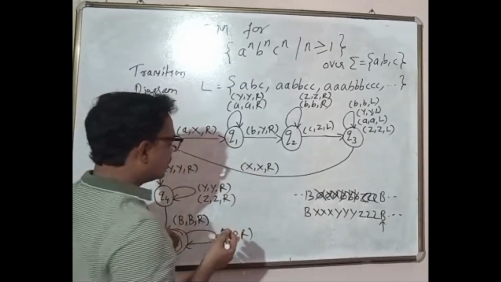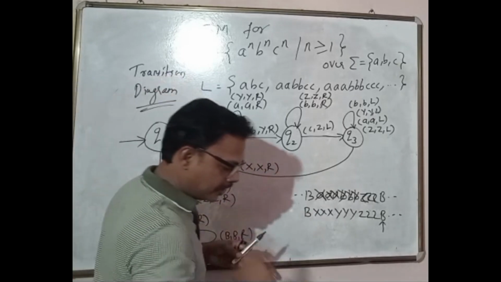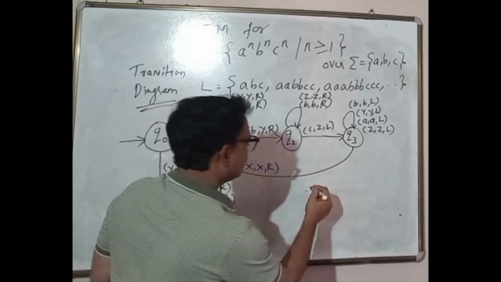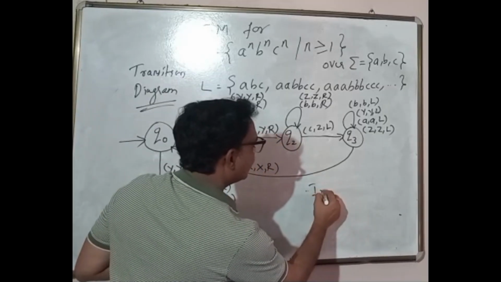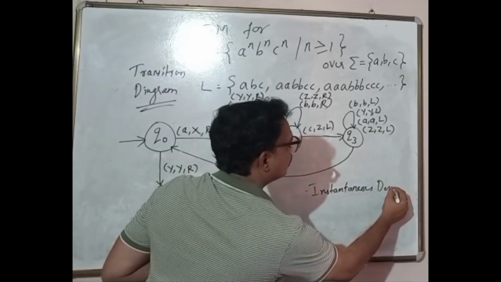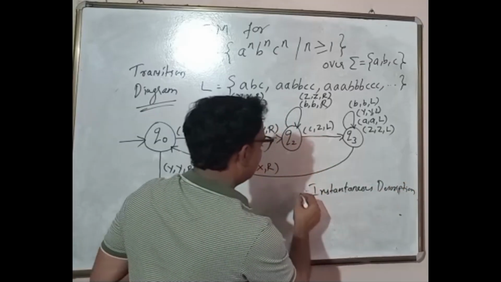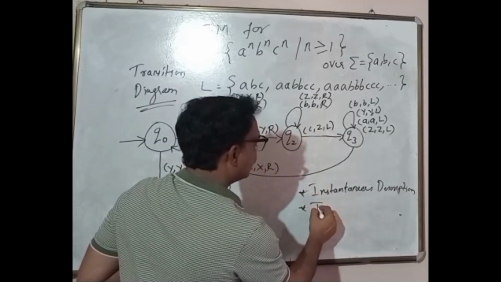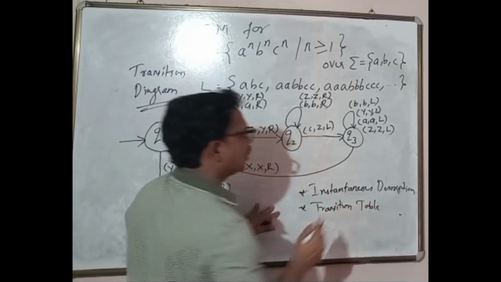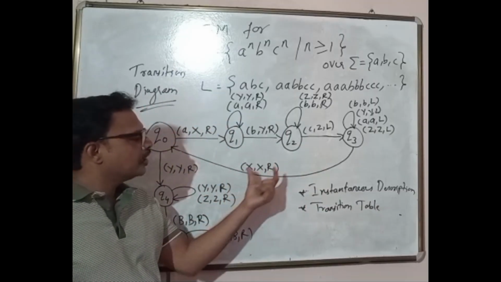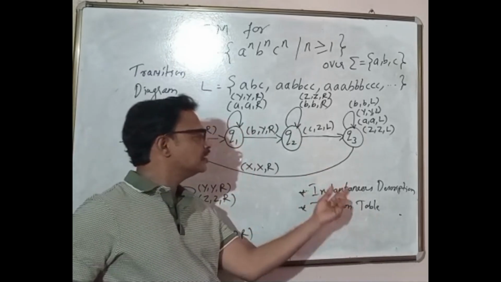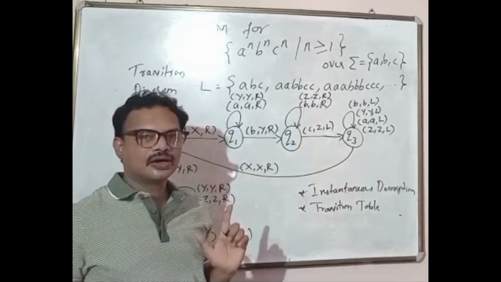And the other two parts, I'll write it over here, just for your reference, that is instantaneous description, and the last part is the transition table. So all these carry equal marks, wherein this carries little less marks. These two carry a good weightage of marks.